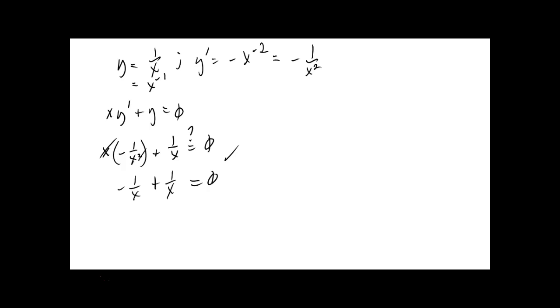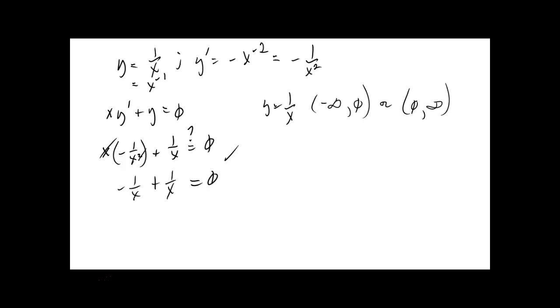So y is equal to 1 over x is a solution only if you are in minus infinity to 0, not counting 0, or 0 to infinity, not counting 0. In any interval within that, and we talked about this before, -3 to -1, that would be okay. 7 to 45, that would be okay. But -1 to 7 would not be okay, because that would include 0.